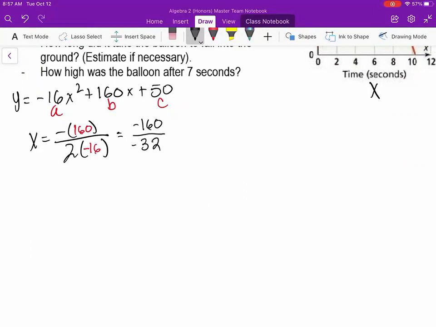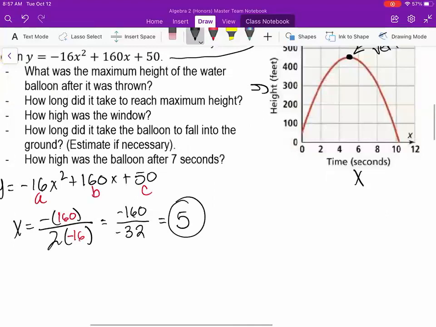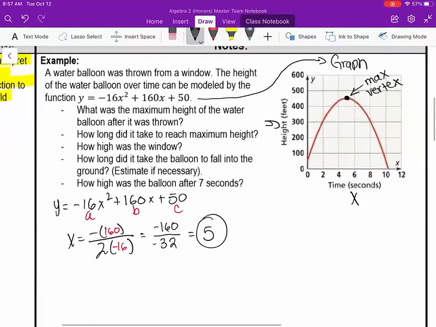Negative 160 divided by negative 32 equals positive 5, which means the x value of my function is 5. Well, what did I just find? I found not the vertex completely, but the axis of symmetry. So now I know that the axis of symmetry is at x equals 5.